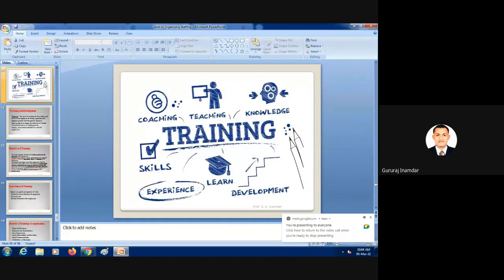Why? Because this is applicable for both those who want to start a job in industry and those who want to work with the HR department. So we can take both benefits from the staffing department, or human resource management department.